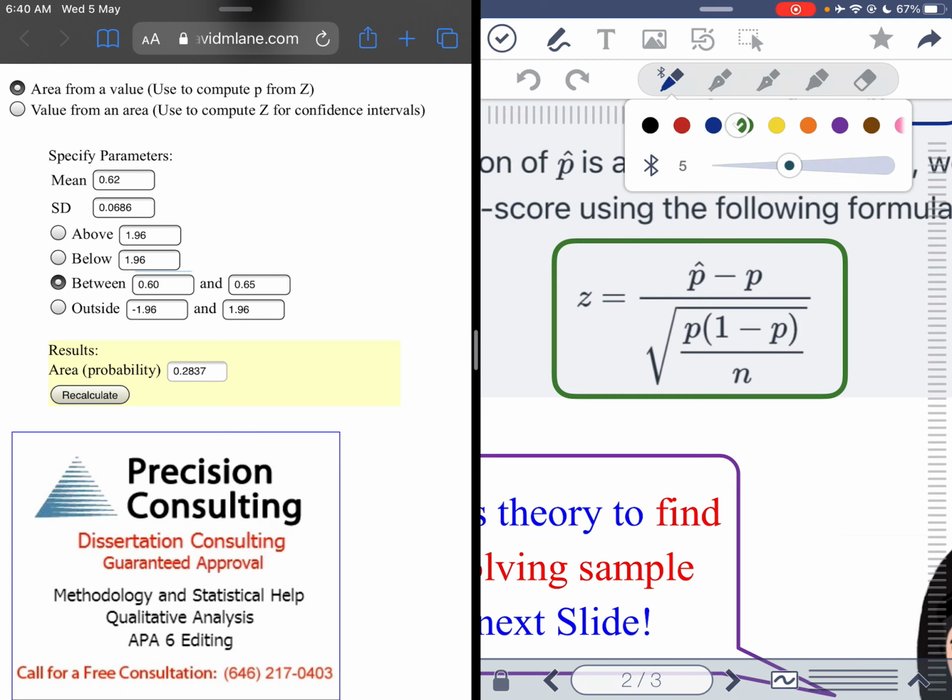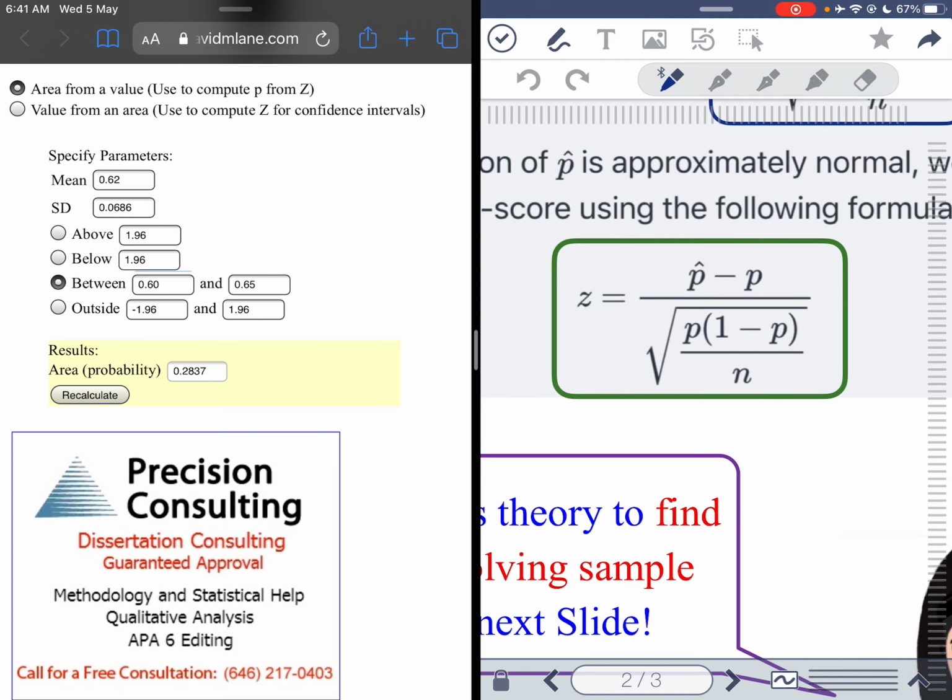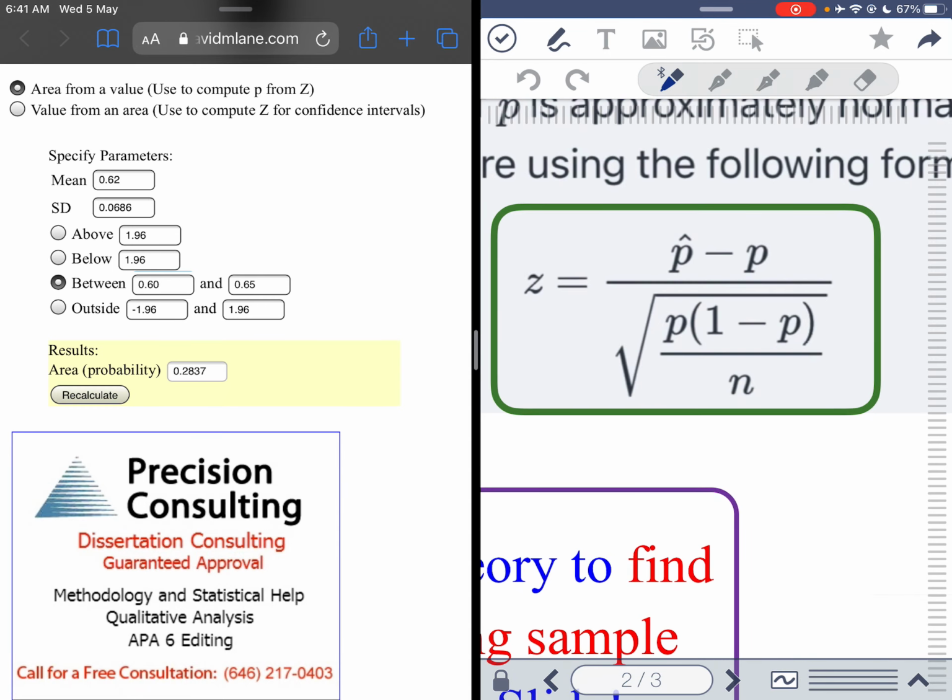If you watch the lecture on hypothesis testing for the population mean, it is exactly the same thing, but your Z-score will be p hat minus P0, and here you'll put also P0. And this P0 is the number you get from the null and alternative hypotheses.